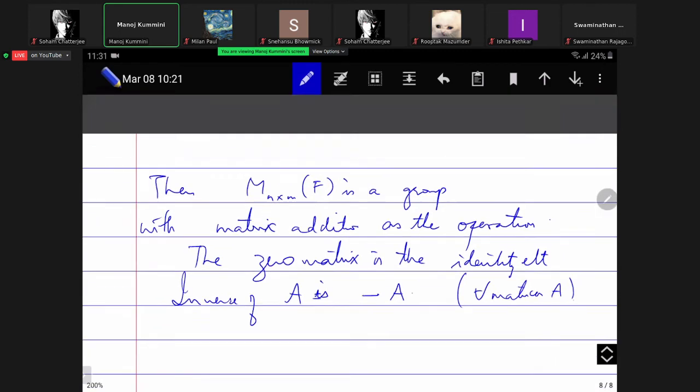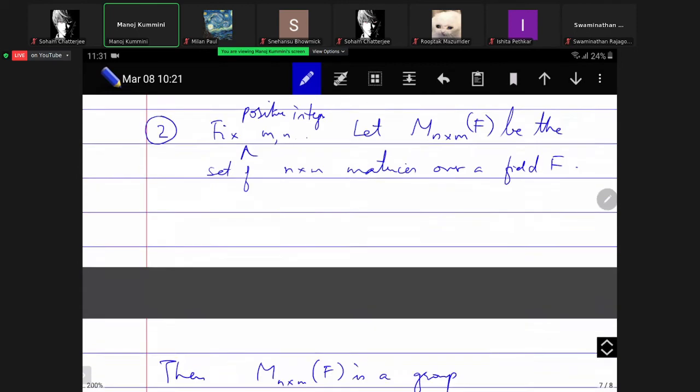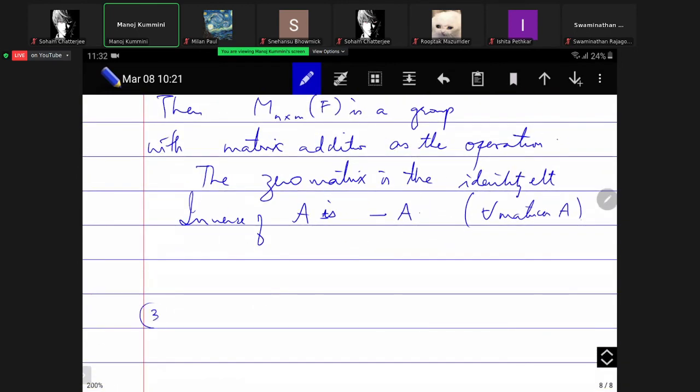And another important class of groups. Let F be a field, real, complex, rational, whichever you like, and n a positive integer.